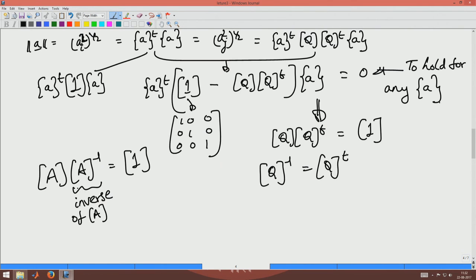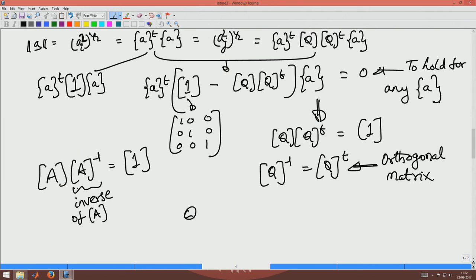That is what this means. The inverse of the matrix is the transpose of the matrix. Such matrices are called orthogonal matrices, where the inverse is the transpose. Okay. So, this is the restriction on Q.